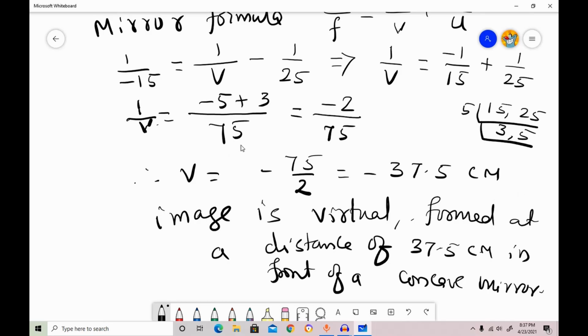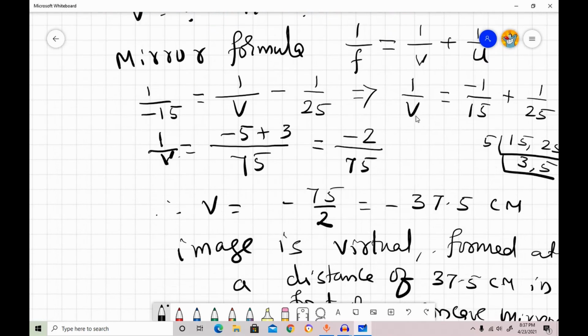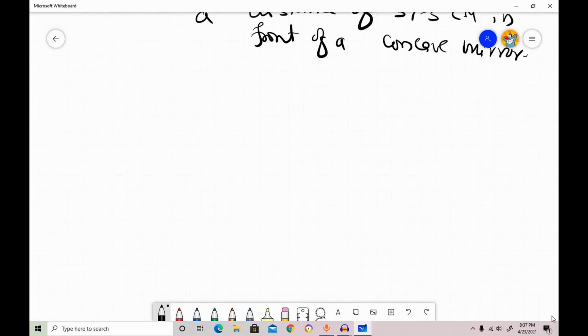Then you have to find the size of the image. For the size of the image, you have to recall the magnification formula. h is 4 centimeter and u is minus 25. So first write m equals minus v divided by u.